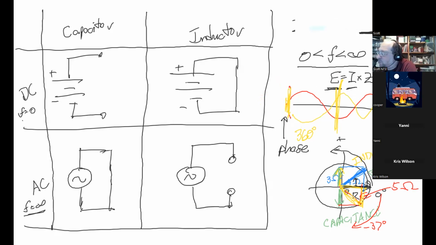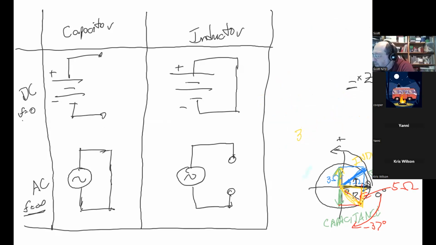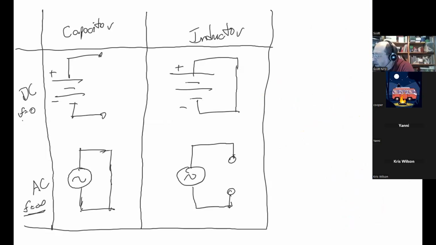Okay, this is actually really important because, as it turns out, does an inductor have a different name? No. Impedance is impedance. One generates a positive shift, the other one generates a negative shift.